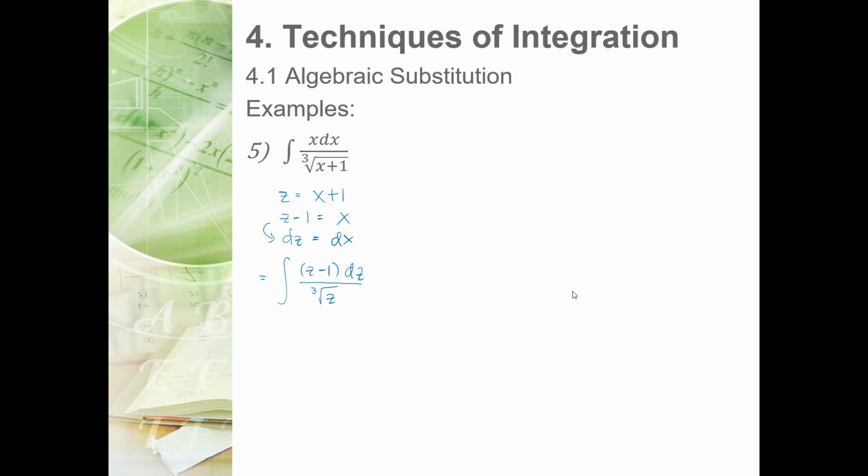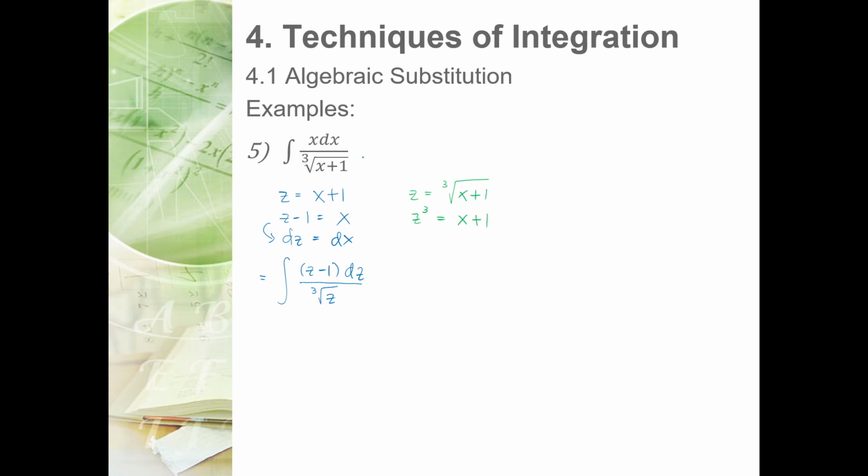Let's try another z sub as I mentioned earlier. Let's try everything. Let's say z is the cube root of x plus 1. Getting the cube, you have z cubed is equal to x plus 1.